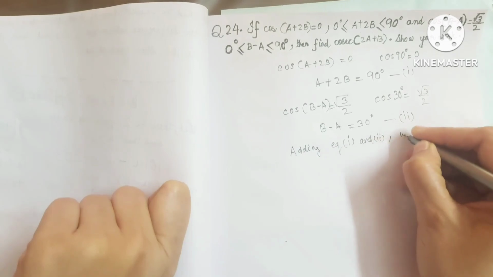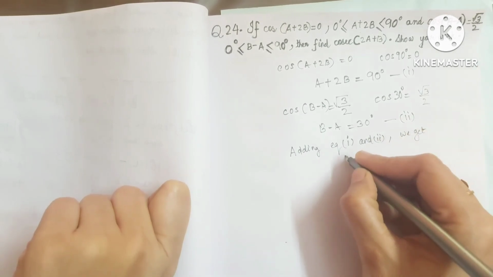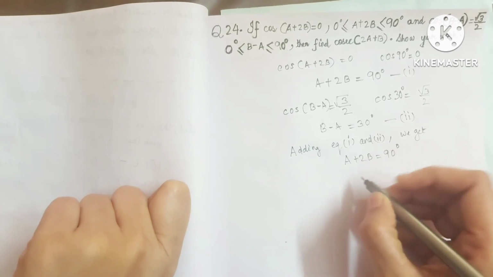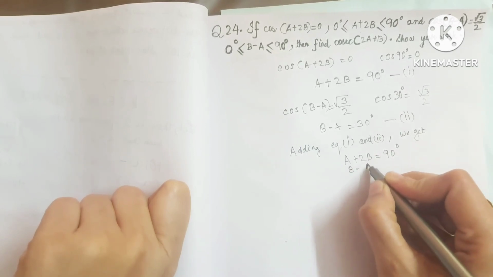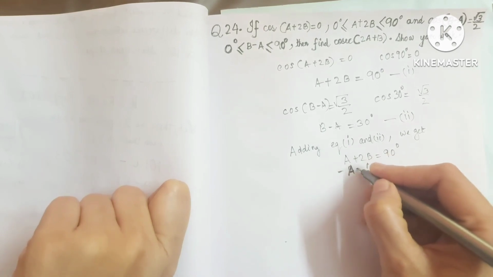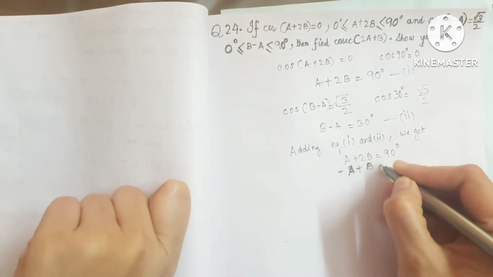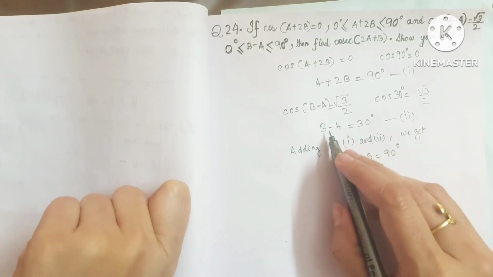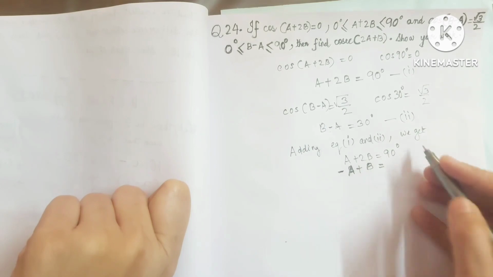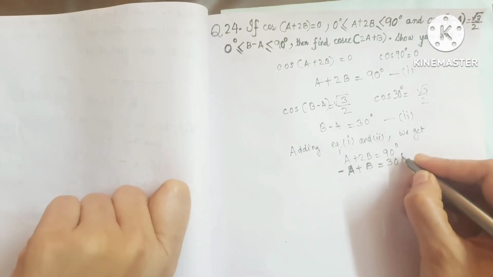What will we get? a + 2b equal to 90 degrees, this is the first equation. Next equation is b minus a, let me write it here as minus a plus b, just interchanged with the signs intact. A had a minus before, I have kept the minus here, and then 30 degrees here.